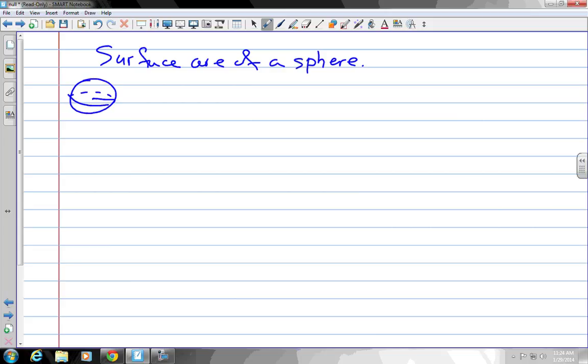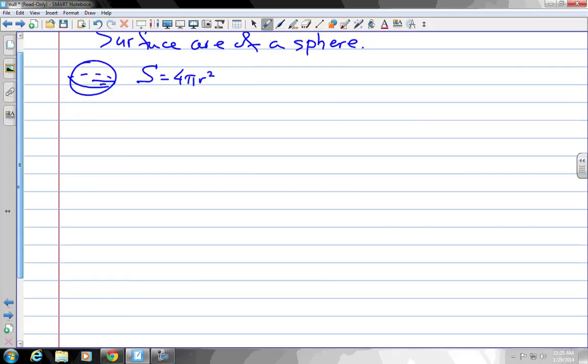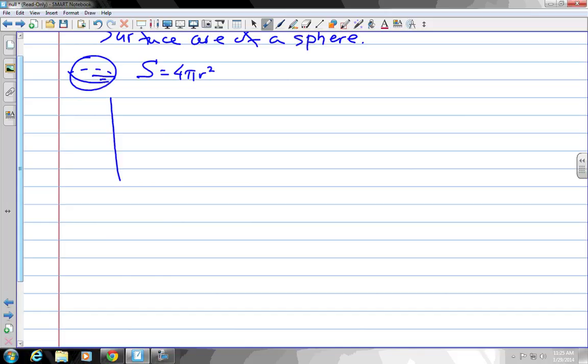So, we know that the surface area of a sphere is 4 pi r squared. But now we can derive it, and we can derive it in the following way. Again, we're going to take a circle centered at the origin of radius r, and then we can take the top semicircle from negative r to r and rotate it around the x-axis.